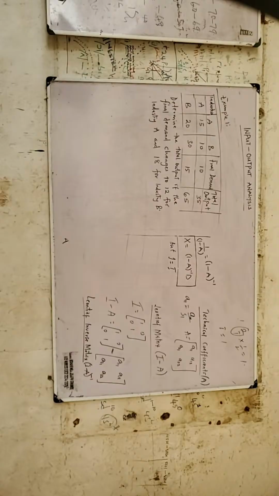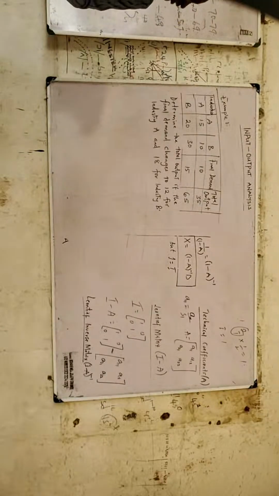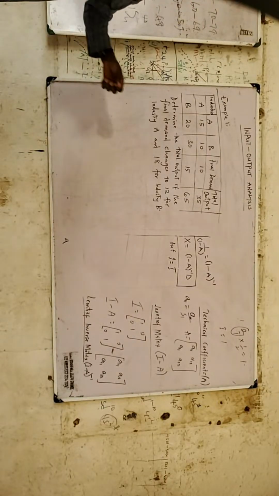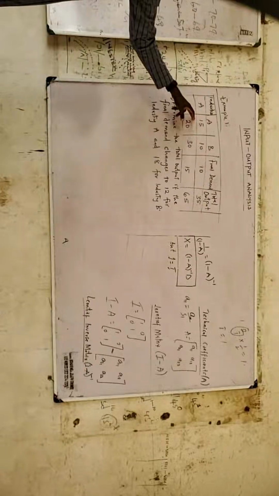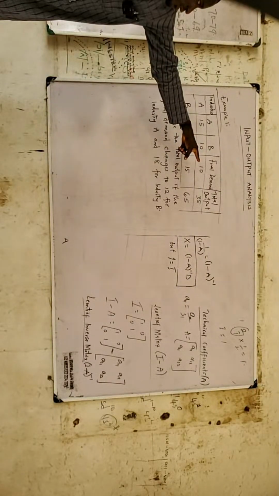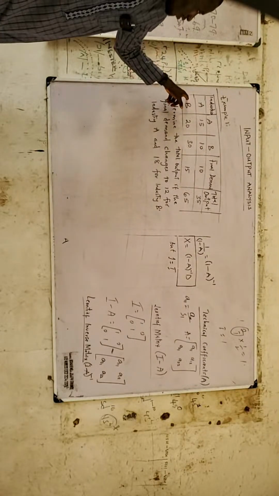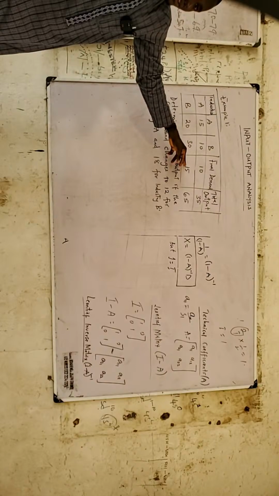But if you look at this table, I don't think we can get the final demand without solving it. Because in this table, the final demand is 10 for industry A. The final demand for industry B is 15.